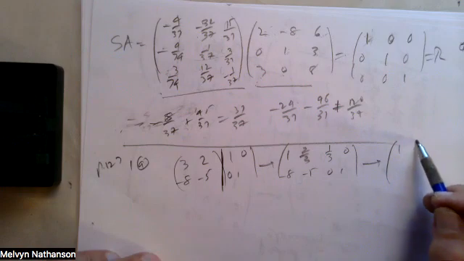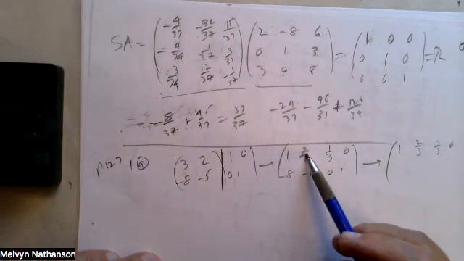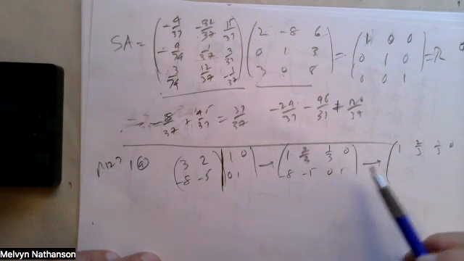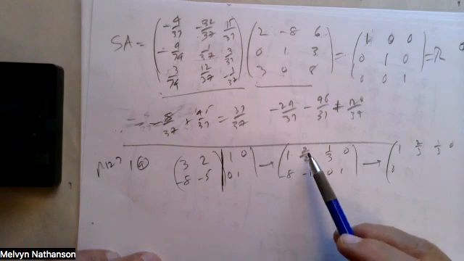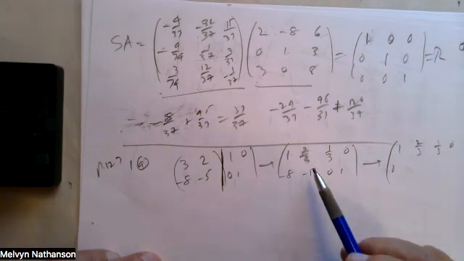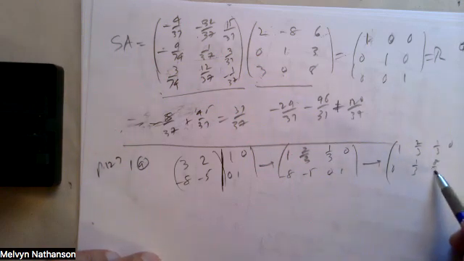Then I can take the first row and add 8 times the first row to the second row. 16/3 minus 5, which is 15/3, is a third. 8 thirds, 1.